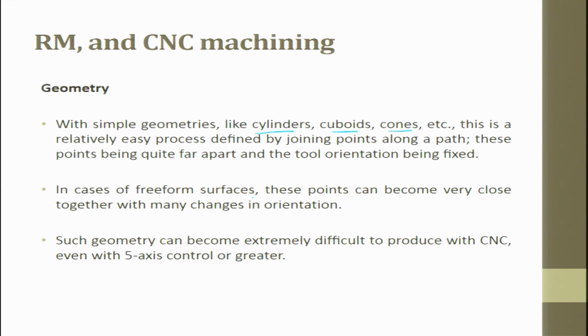In cases of freeform surfaces, these points can become very close together, which may carry a change in orientation. Such geometries can become extremely difficult to produce with CNC, even with 5 axis or more axes. So, in case of freeform surfaces, these points can become very close together with many changes in orientation.